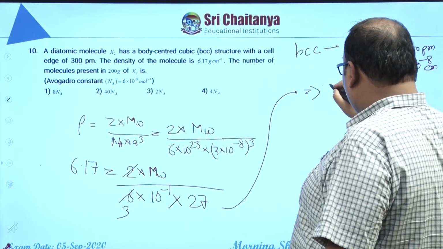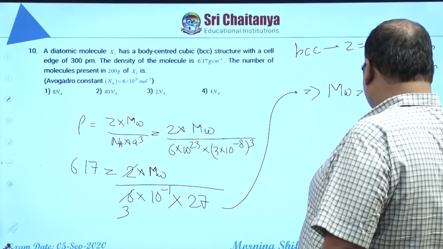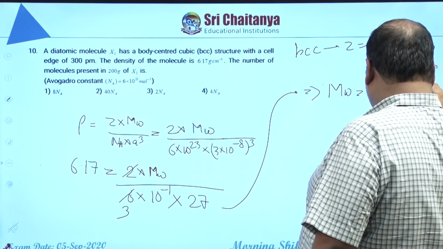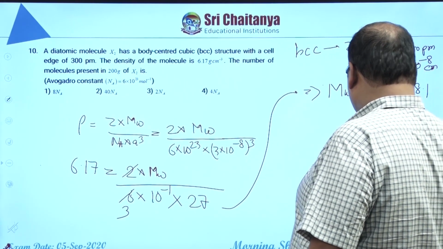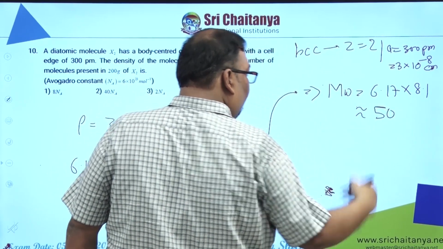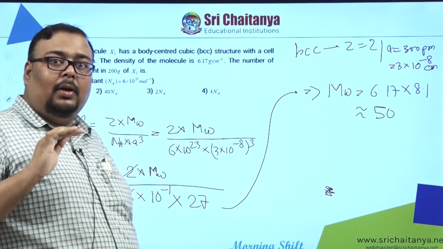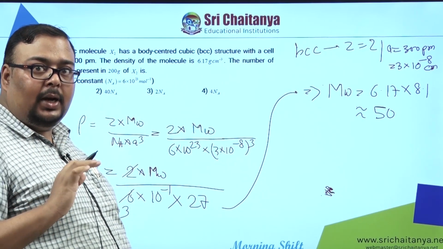So I can write that molar mass will be equal to 6.17 into 8.1. This will be close to 50. So you see the molar mass of X2 molecule is 50 grams.